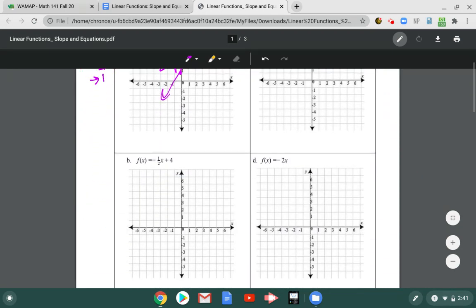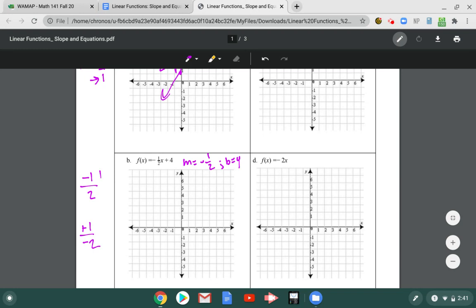So in B, I have m, or a, is equal to negative 1/2. That's my slope. B is equal to 4. That's my y-intercept. With that slope, I can put the negative either in the numerator or I can put that negative in the denominator. Both of these give me a way to move from one point to the next.